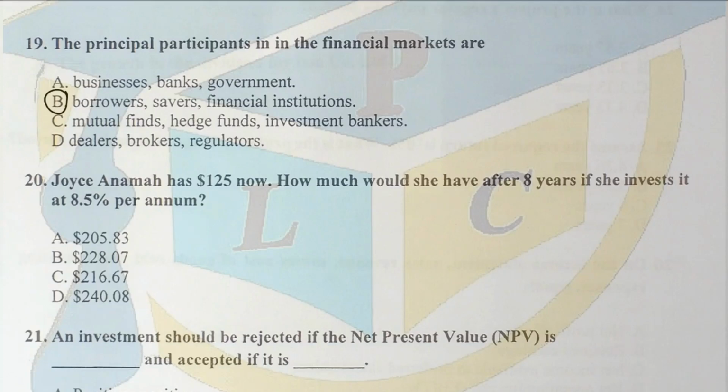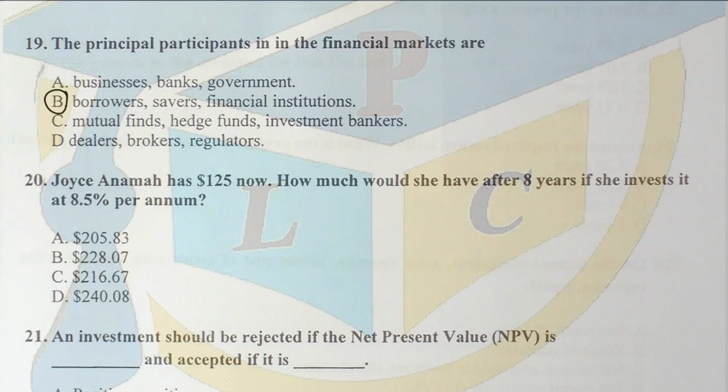We are all borrowers. When it comes to savers, it's the same thing: individuals, government, and business. You are also savers. Financial institutions are the medium that exists to facilitate the flow of funds from savers to borrowers.